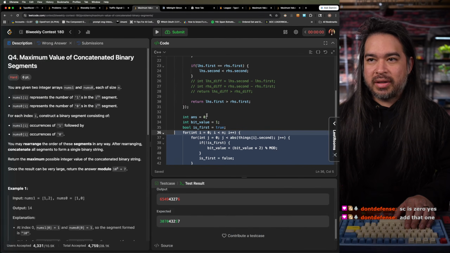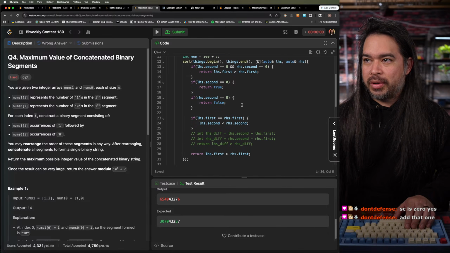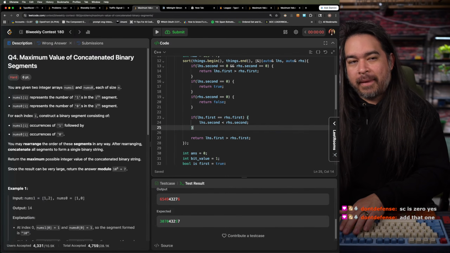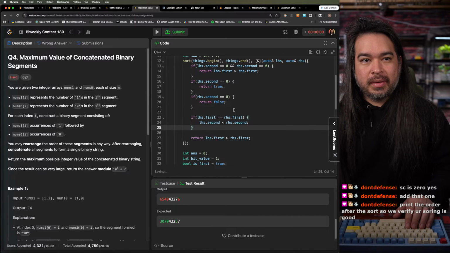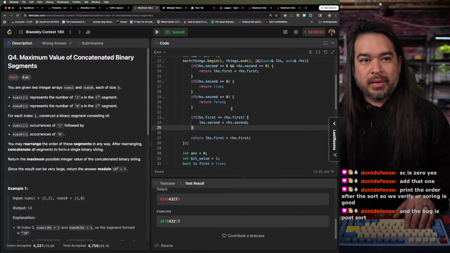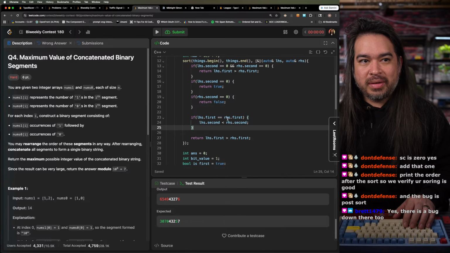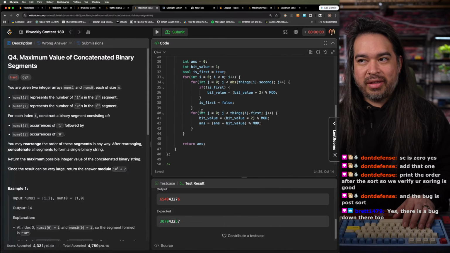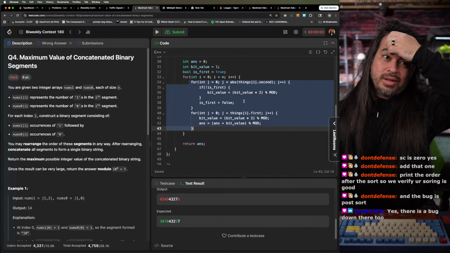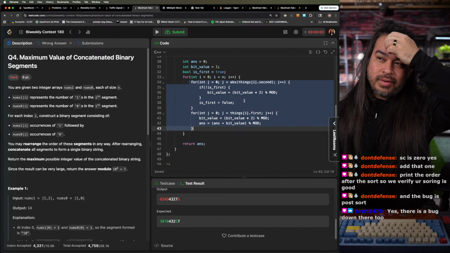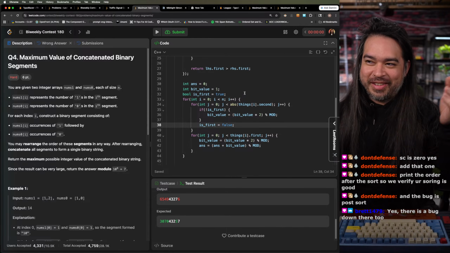Maybe there's some other bug. Wait, print the order after the sort, so we verify. Yeah, there's a bug down there. I think for sure there must be a bug in here, man. But I can't. All right.